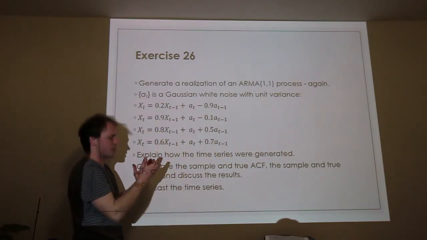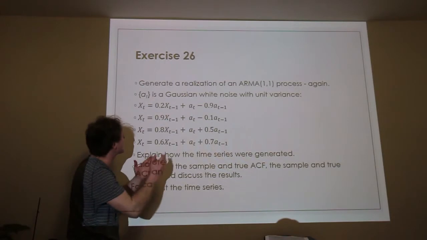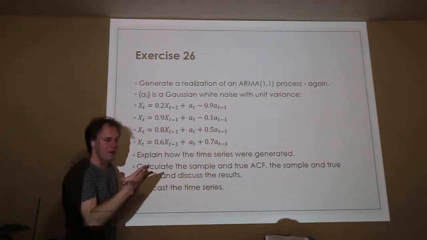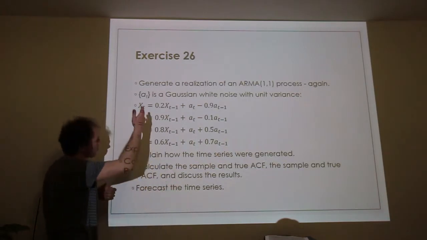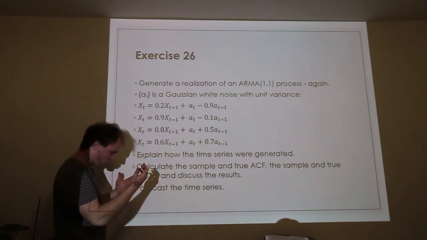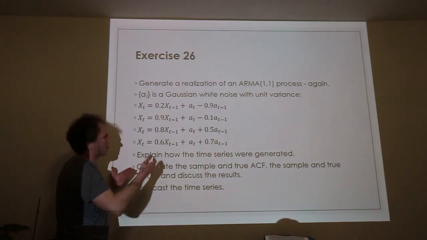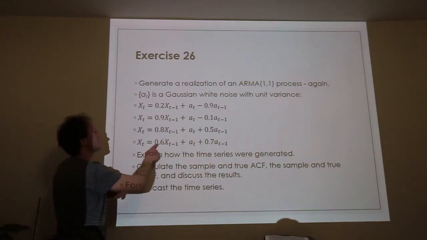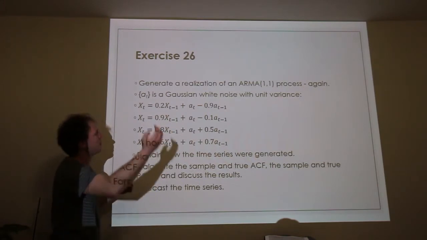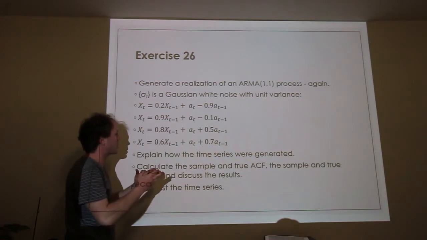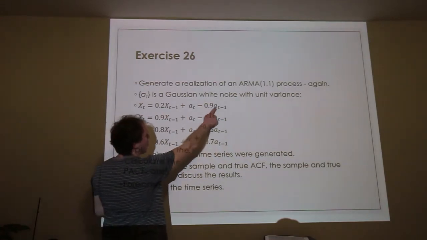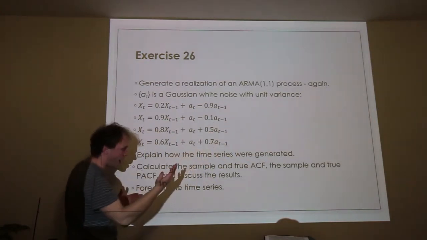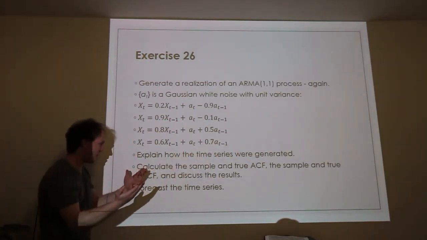There is the auto-regressive part, and there is moving average part. So we will use different values of parameters phi: 0.2, 0.9, 0.8 and 0.6, and different values of parameter theta: minus 0.9, minus 0.1, plus 0.5, plus 0.7.